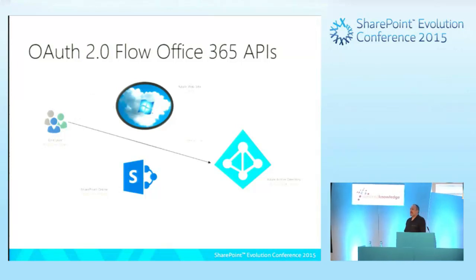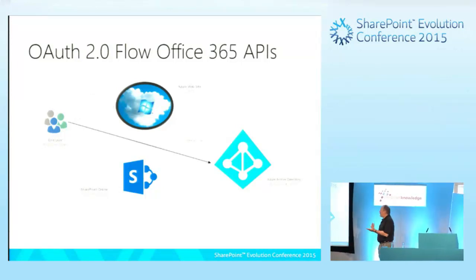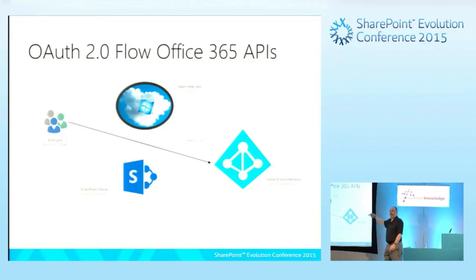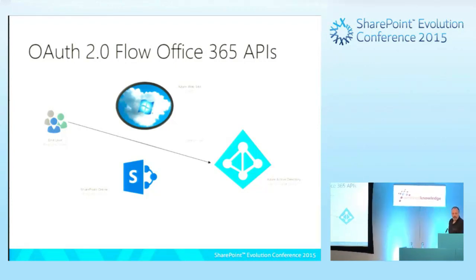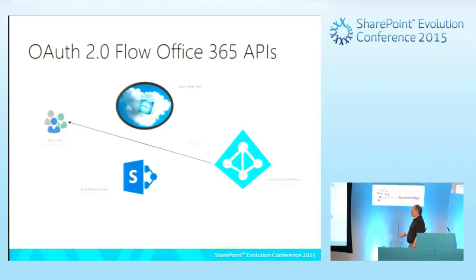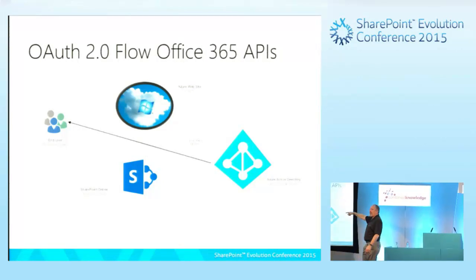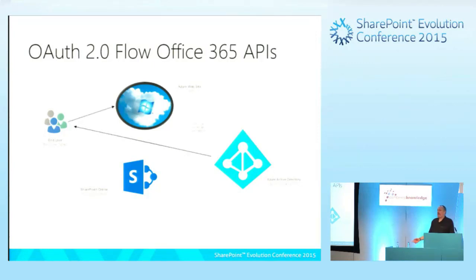The app says, I want to know who you are, I need to know something, so the app redirects you to Azure AD. Azure AD will then return to the user. It shows the consent dialog. You'll see that in a minute. If the user grants consent, then Azure AD returns what's called an authorization code, and the browser then presents that code to your app.